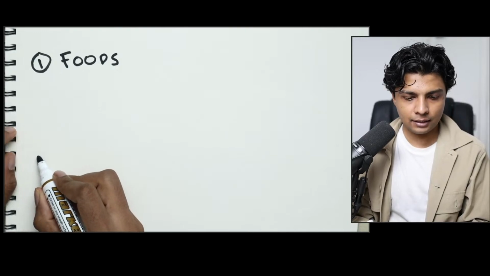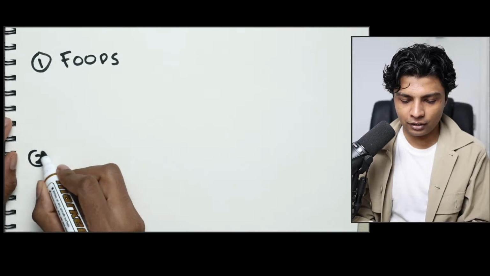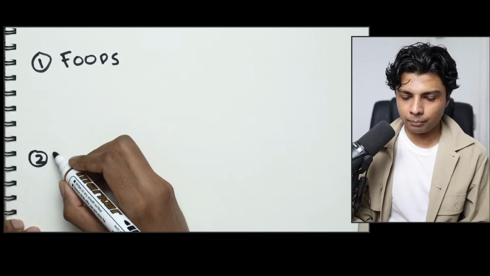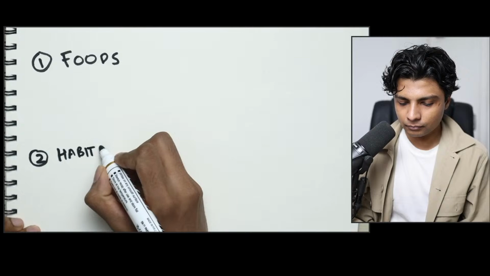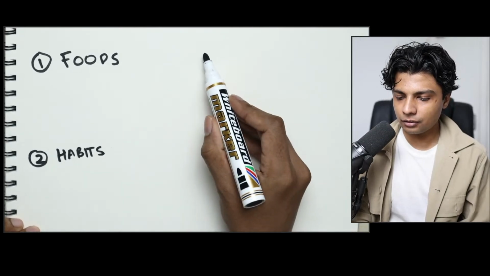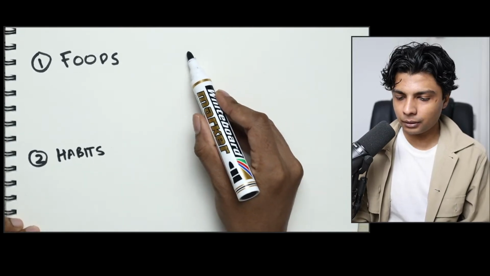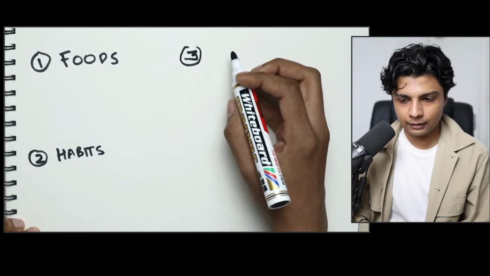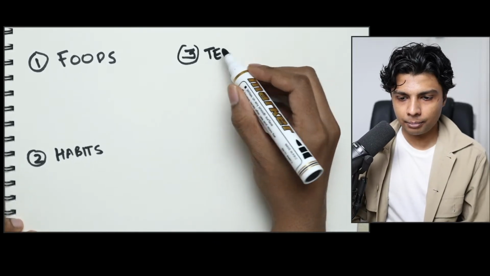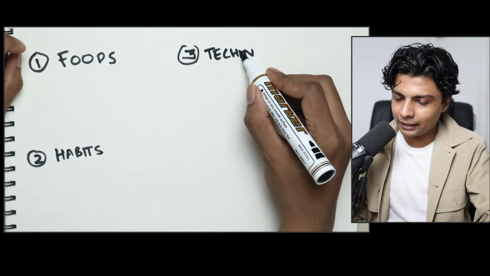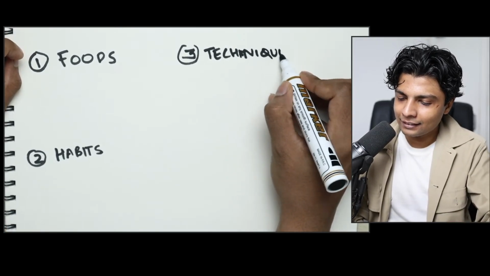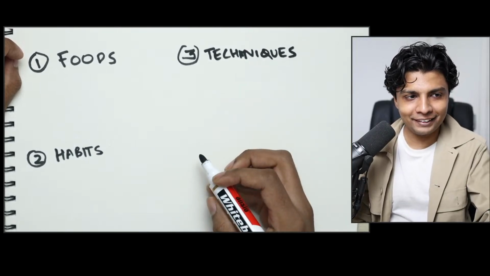In the second section, we are going to talk about habits. In the third section, we are going to talk about techniques. Apologies, my arm goes underneath the microphone. Techniques, I promise I can spell.